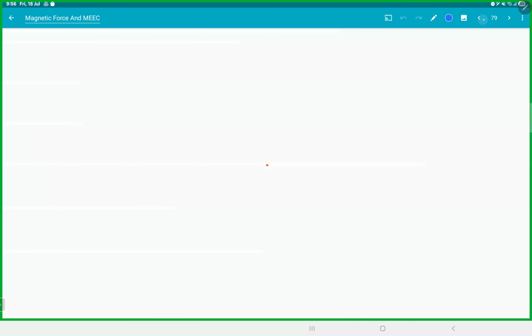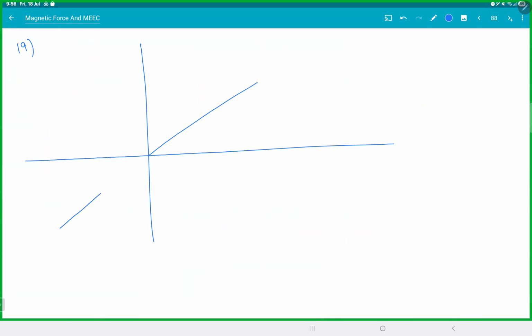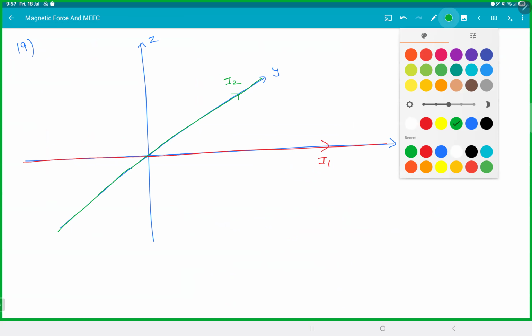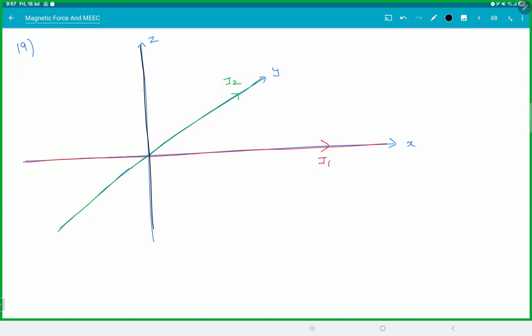Great. Let's see a question. So we have three infinite wires along X, Y, Z axis. Let's say this X axis is carrying current I1. The Y axis is carrying current I2. The Z axis is carrying current I3. We have a point in the XY plane, which is (x, y, 0).